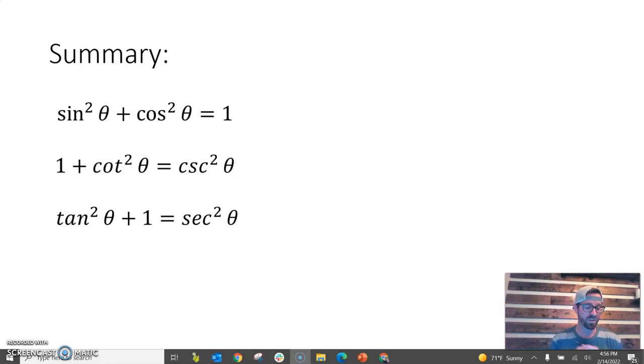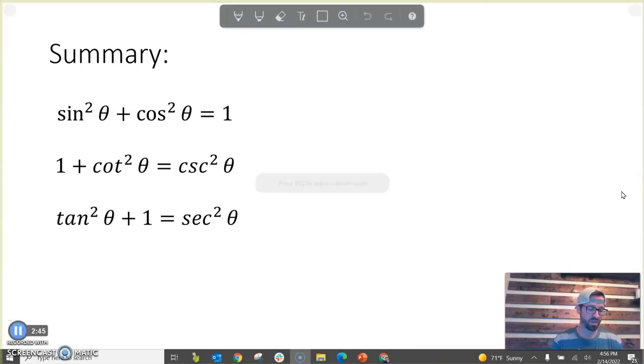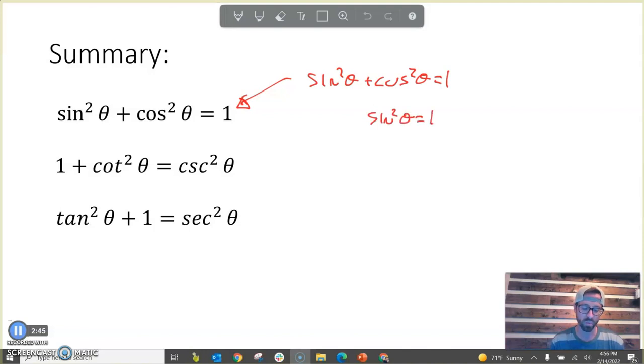We need to have these written down. I won't say you need to memorize them because most of the time you'll have an identities chart. But one thing you want to be aware of is sometimes you might be using this form of the identity, but you also might be using an algebraic manipulation of it. What I mean by that is if I start with sine squared theta plus cosine squared theta equals 1, hypothetically, I could subtract cosine squared theta from each side of this and have sine squared theta equals 1 minus cosine squared theta.